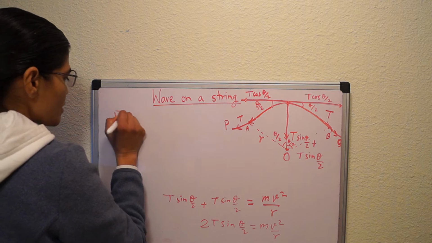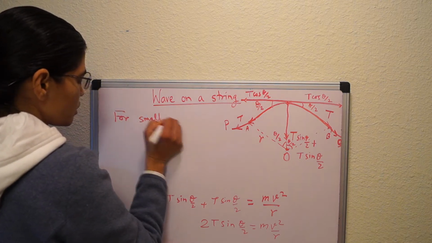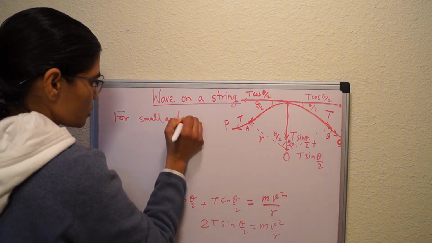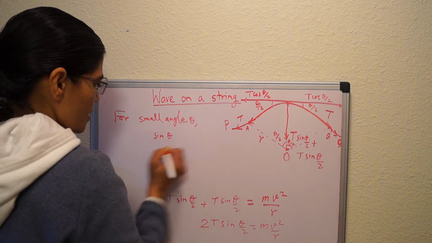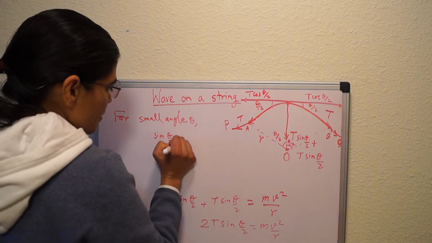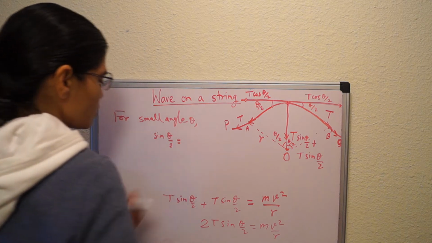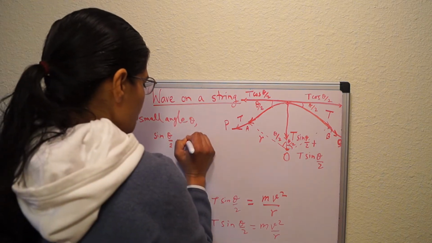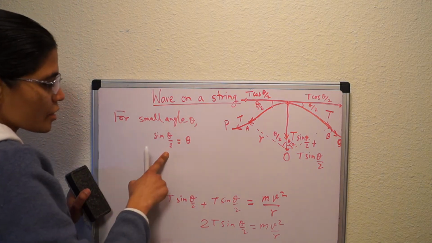For a small angle theta, sine theta is really equal to theta. Does this make sense?